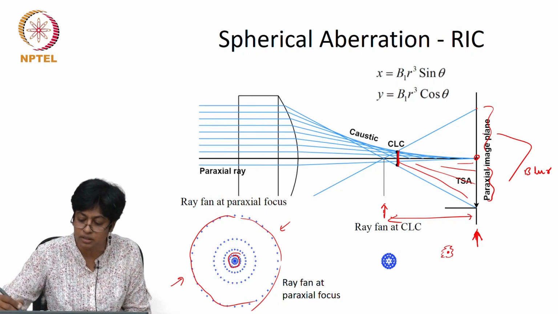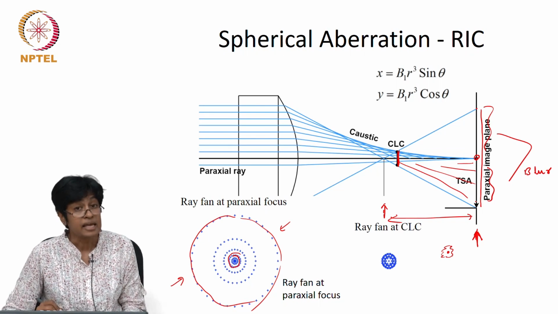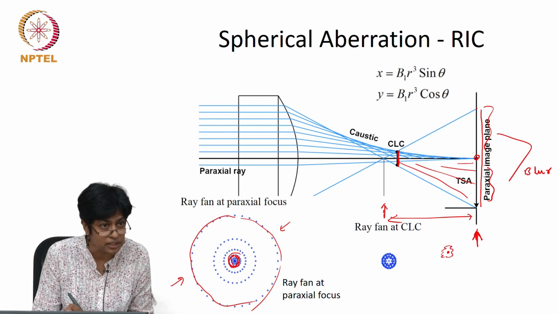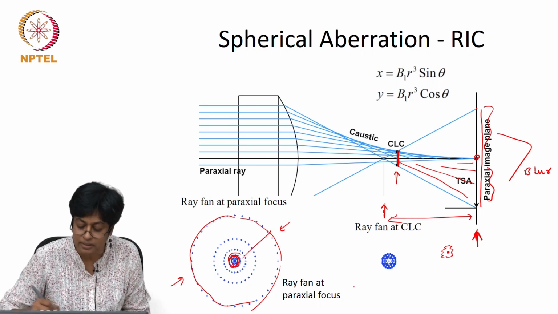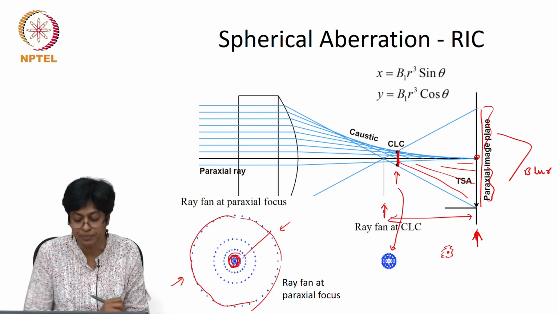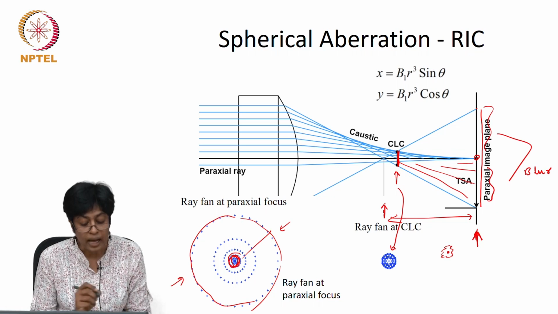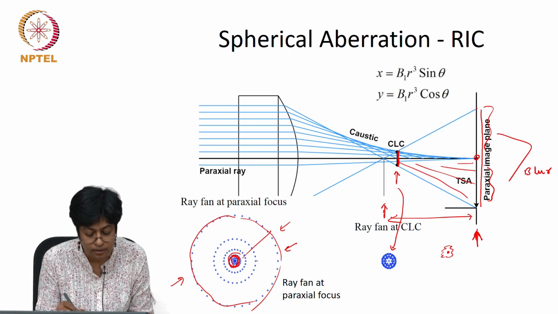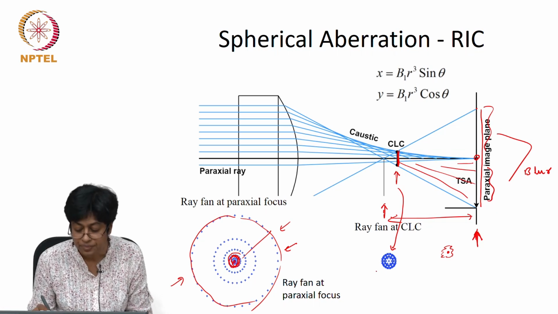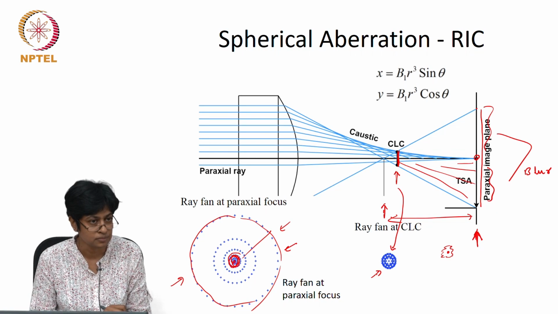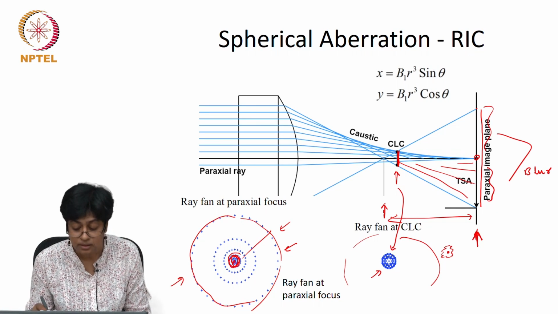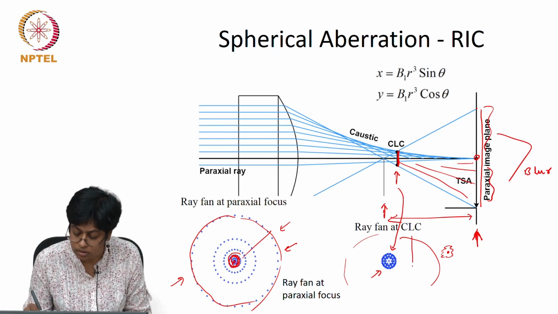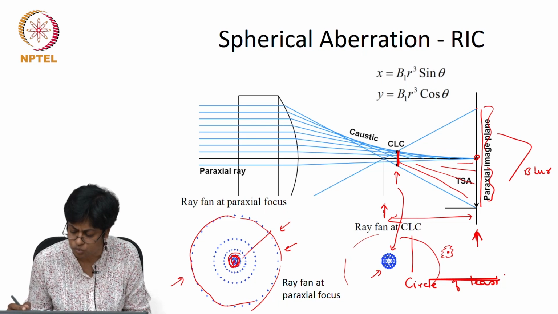Here the spread is only this much, here the spread is this much. Even though a lot of the energy may be concentrated in this region, I still have this effect. Whereas if I'm in this place, the rays intercepting here is just this. So the central spot here may be much smaller than this spot here, but I don't have anything else outside. And so what is CLC? It is CLC because it's called the circle of least confusion.